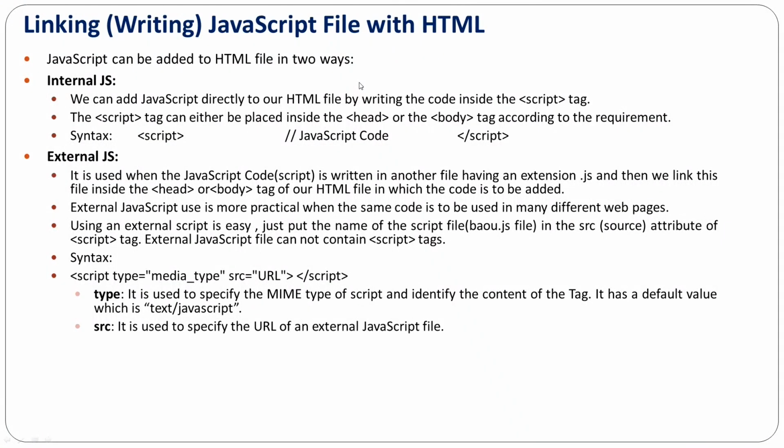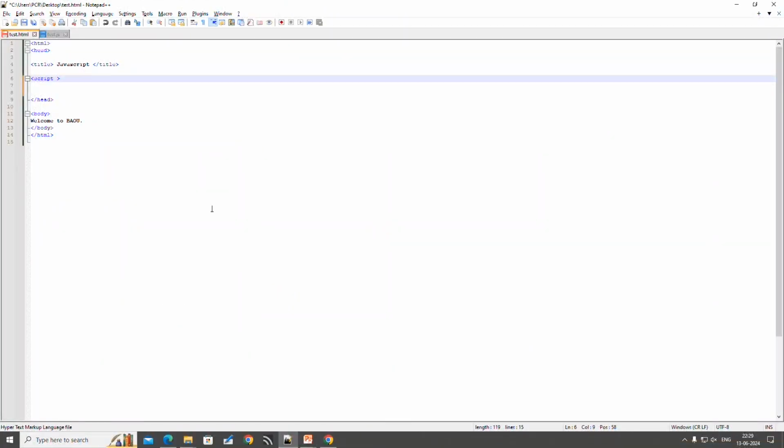To embed it, we need a type attribute of the script tag, and the source attribute for the external JavaScript file. The type value would be text/javascript, and the source would be our external JavaScript file. If it is not in the same directory, we have to provide the full path.